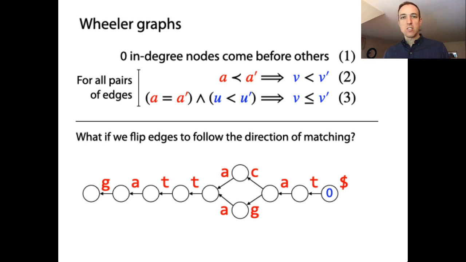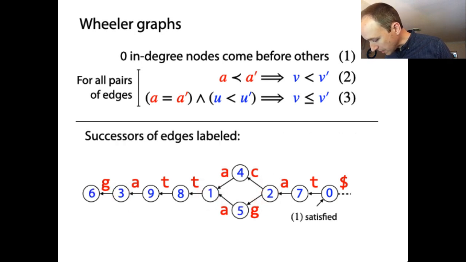So the destinations of all the edges labeled A need to come next in the ordering. Okay, so those are going to be these nodes, this one, this one, this one, right? There's only 3 of them? Yeah. So those 3 will come next. And indeed, here we go, 1, 2, and 3. Then the ones at the destinations of the edges labeled C should come next. Indeed, 4.